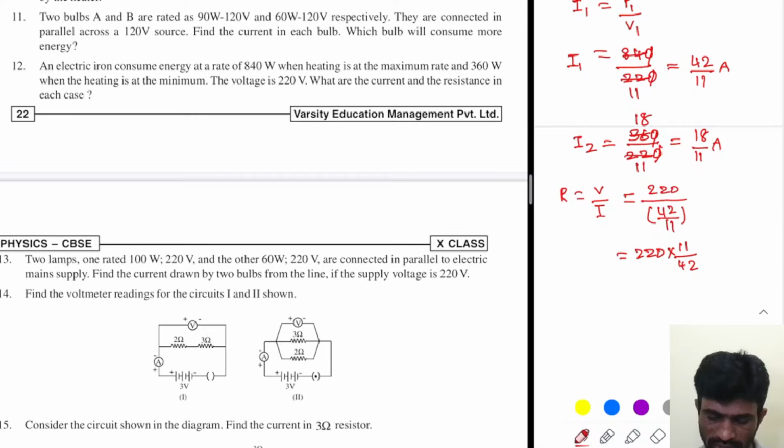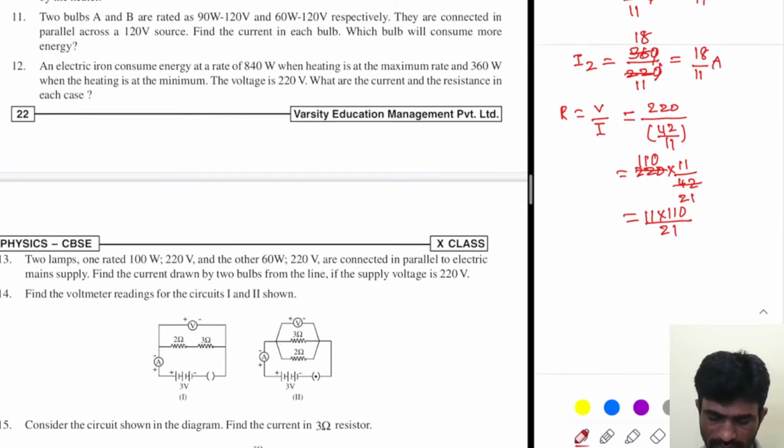If we cancel these two again by the 2 table, 2 twenty-ones, 2 one-tens, it is 11 into 110 by 21. So it is 1210 by 21 ohms. If you want, you can convert that into decimals, or you can leave it like that.